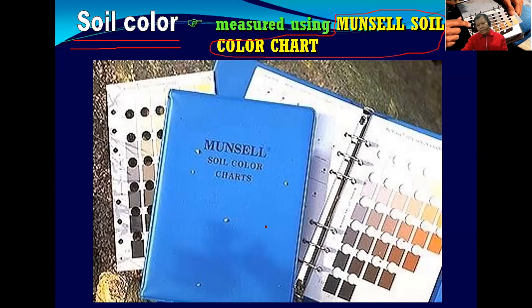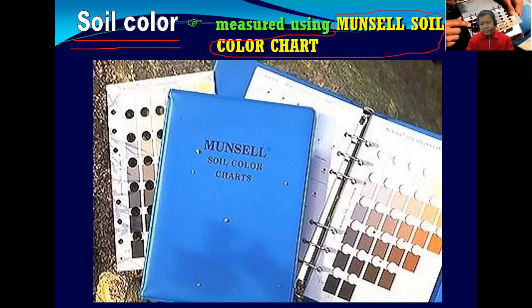So ang purpose ng Munsell soil color chart is to measure quantitatively the color, the degree of color in the soil. So the Munsell soil color chart is like a notebook and there are some leaves in there. So you can open the book, the notebook.